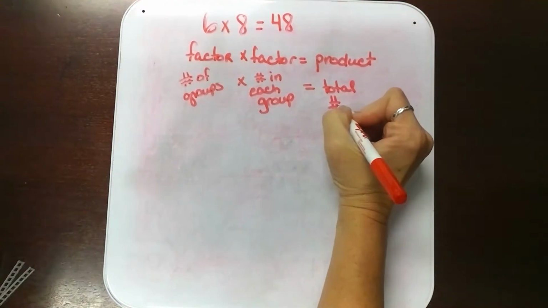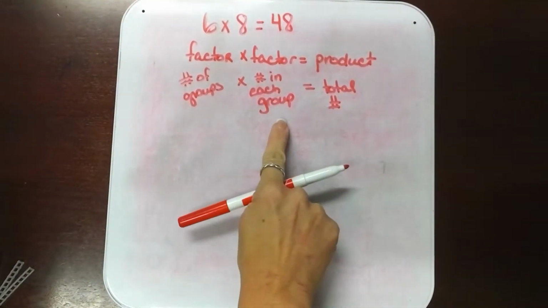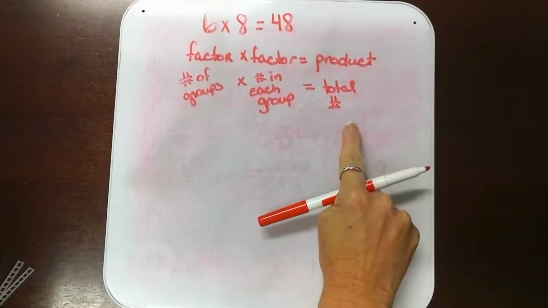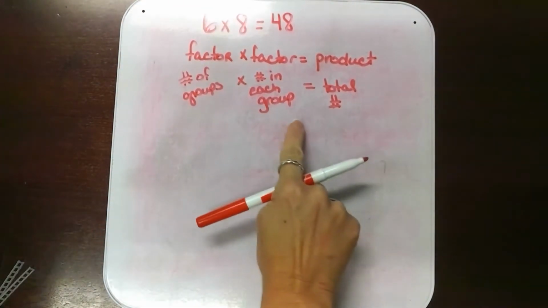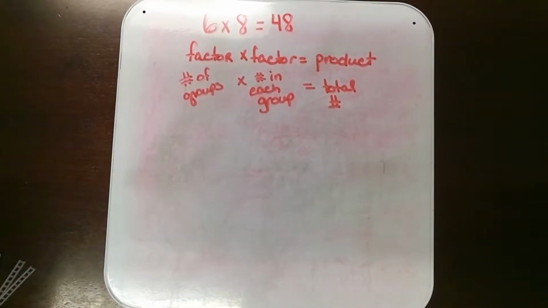But we also talk about how this can be reversed. This could say number in each group times number of groups equals the total number. So we talk about that relationship between the factors. It doesn't matter what factor I put first. If I know 6 times 8, I also know 8 times 6.